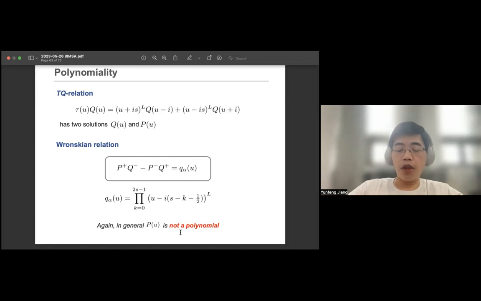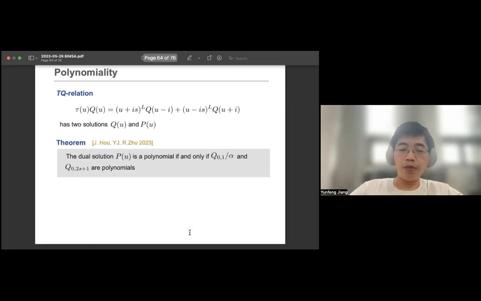So it's a bit more complicated, but the situation is the same, that P is in general not a polynomial. Now we prove that the dual solution PU is a polynomial if and only if Q01 divided by alpha and Q02 S plus 1 are polynomials. This is a theorem proven in our paper.